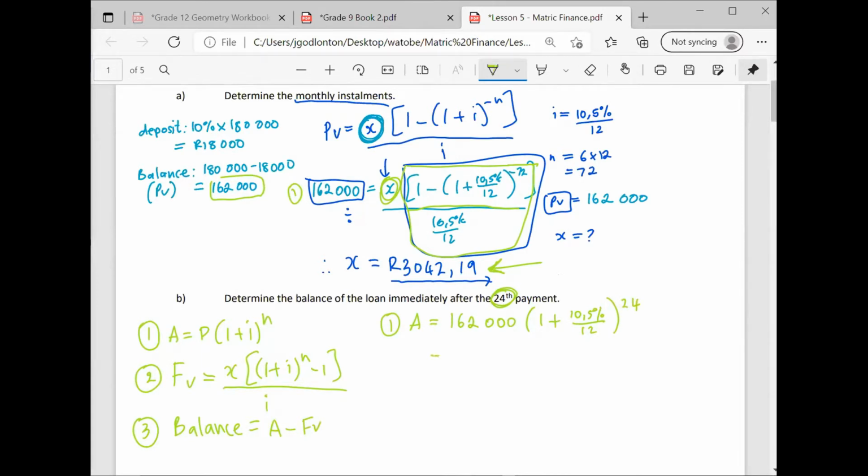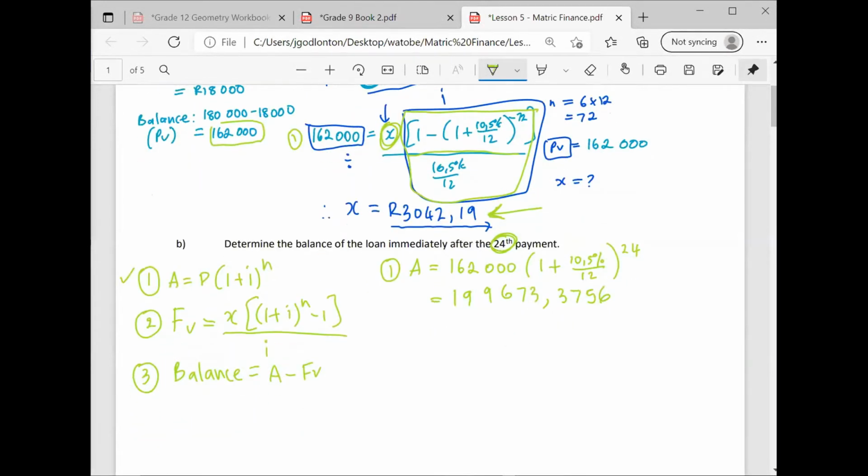Okay. And we're going to put that straight into our calculator. We should get a number of 199,673. And I'm going to keep all my decimals because it's not my final answer. Okay, so that's step 1. Done.